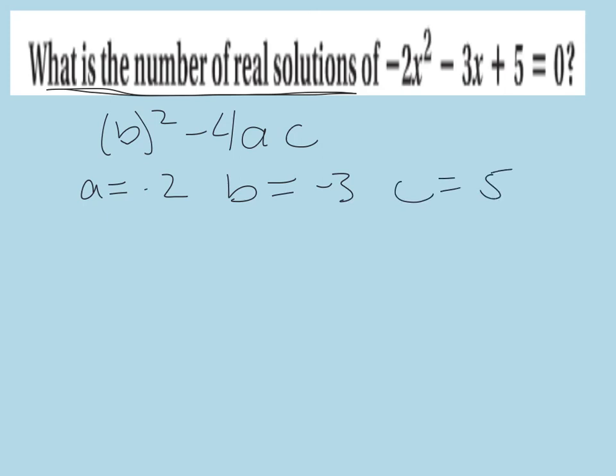So if I plug in all those numbers, this would be -3 squared minus 4 times my a, which is -2, times 5, which would be equal to 49. Now this is a positive number. Since this is a positive number, that would mean that I have two real solutions. So all I would need for this problem is my answer right here and then my work up above.